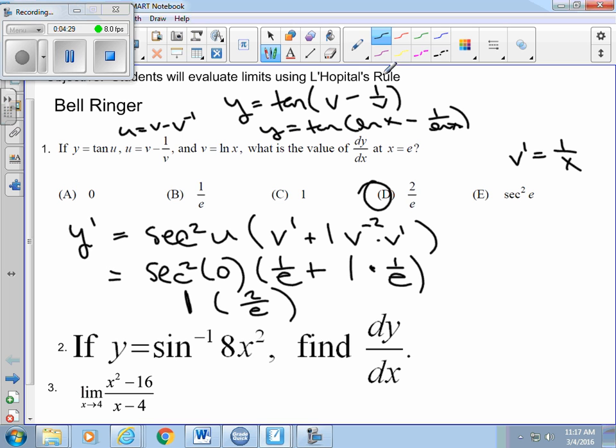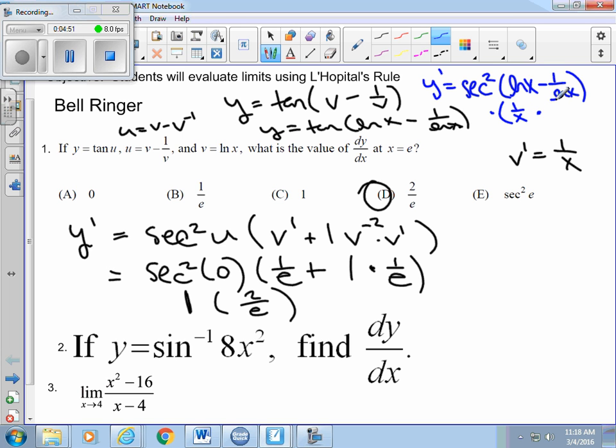Or, option 2, which is the option most of you probably chose. You do the derivative here: secant squared of natural log of x minus 1 over natural log of x, times 1 over x.